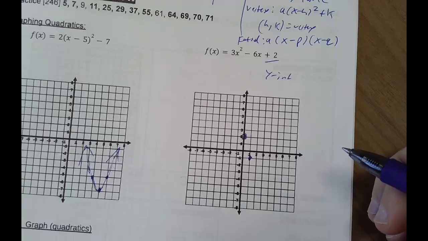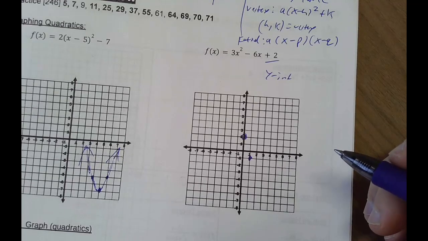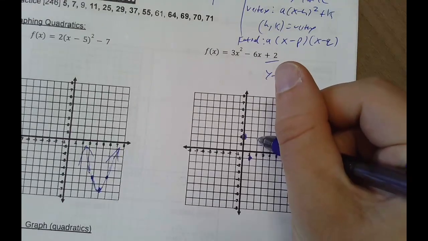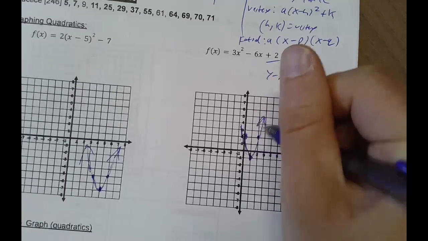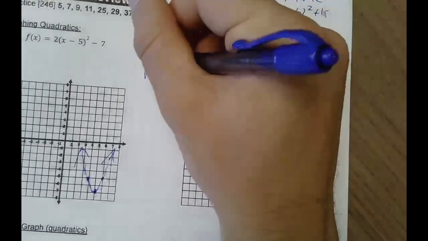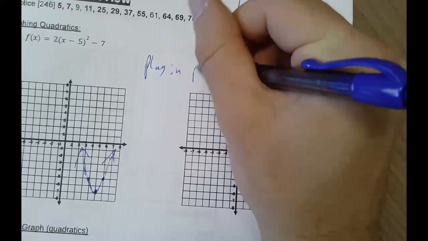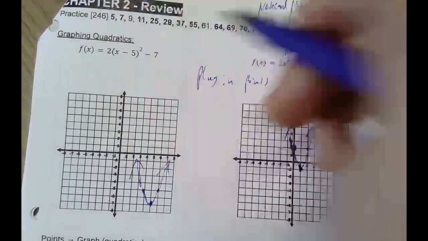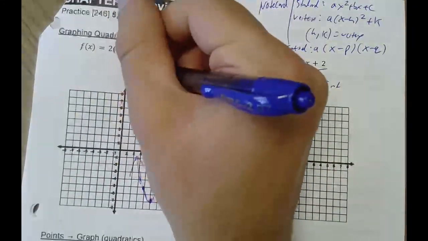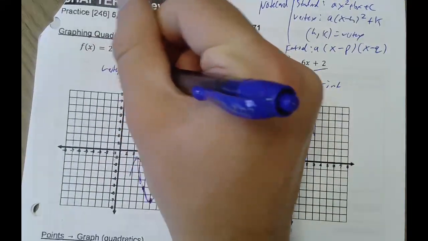Let's try a 2. We're going to get 12 minus 12 plus 2, which is 2. There we go. So now we have a picture here. So just plug in points, plug in x values, look for the y-intercept and then the vertex here.